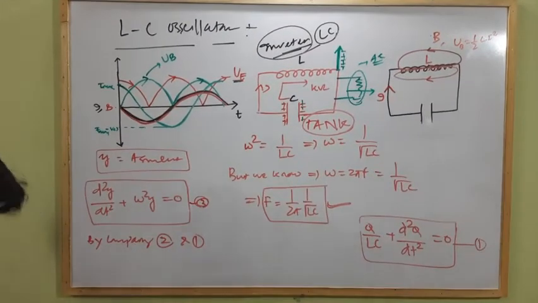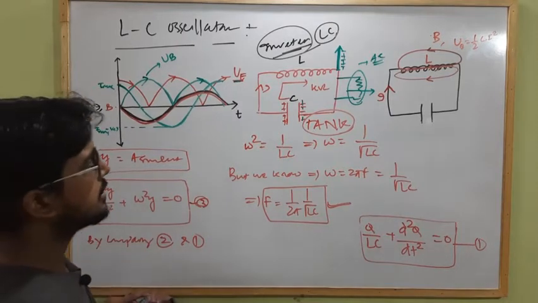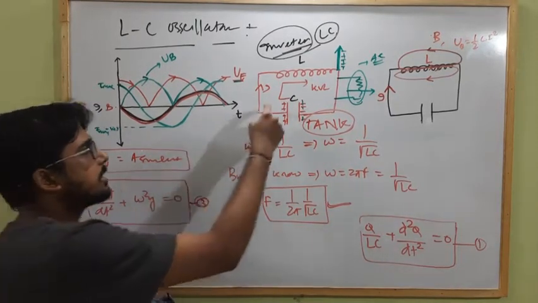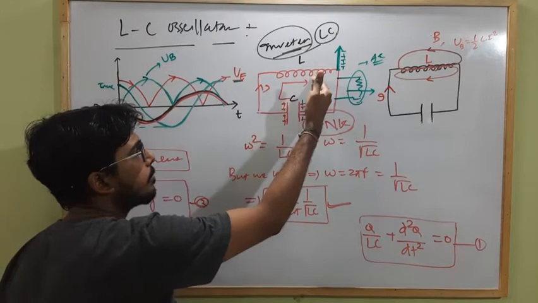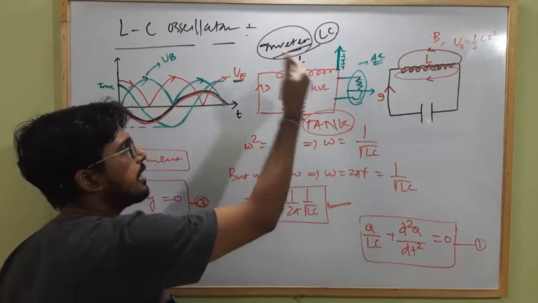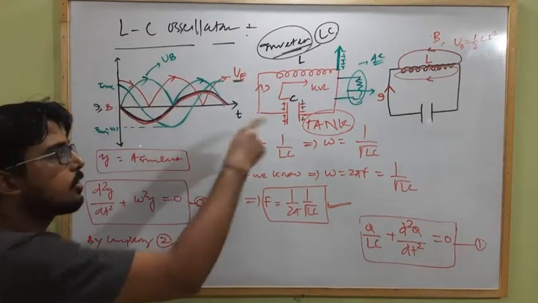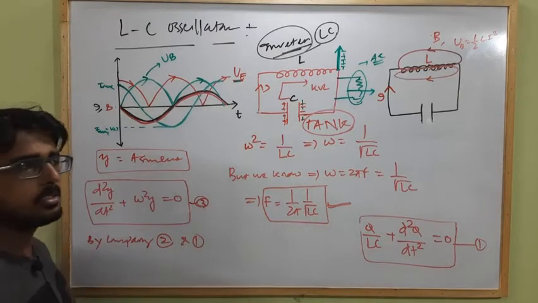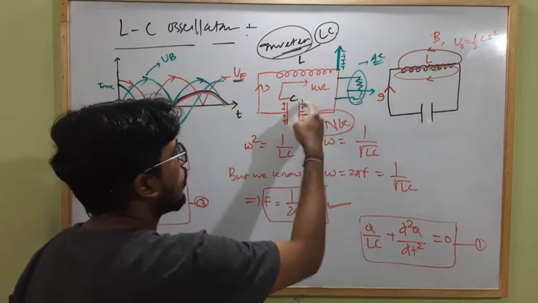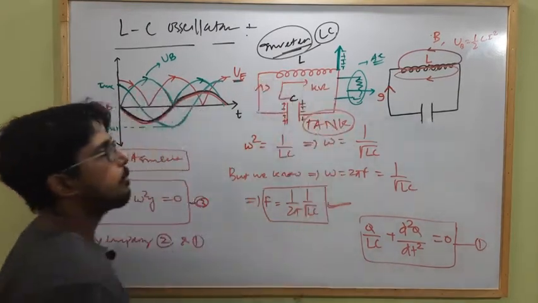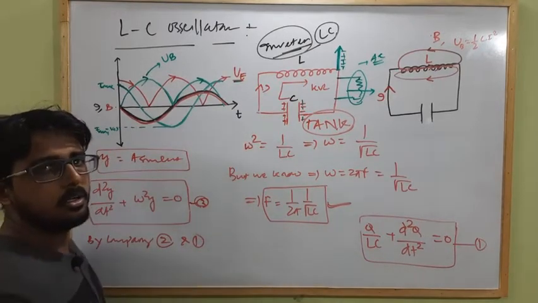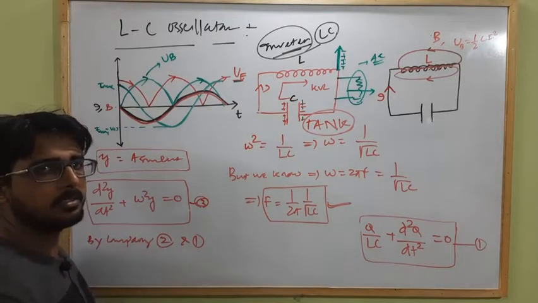Okay, so this is all about the LC oscillating circuit. So now we are going to discuss a question that arises: whether the oscillation of the energy from magnetic to electrical and again electrical to magnetic continues forever, whether current flow occurs in the opposite direction repeatedly forever.